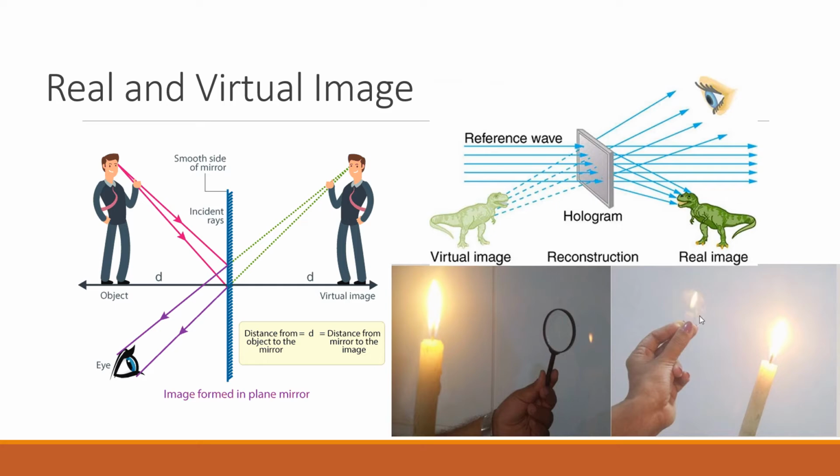So when the rays appear to be coming out from the object, or when the rays diverge from a point, okay, when it appears to diverge from a point, in that case what kind of image will it form? Virtual image.